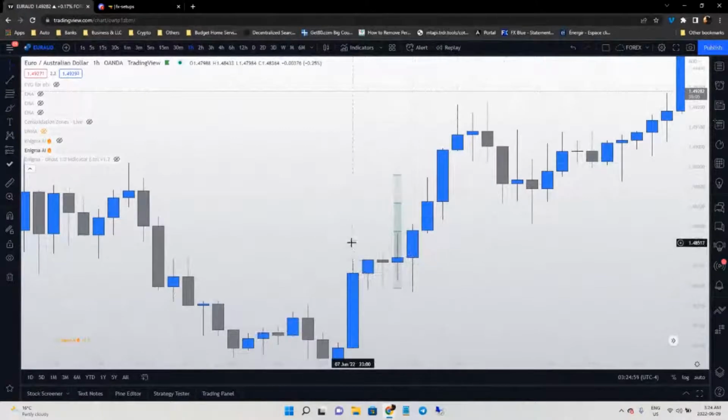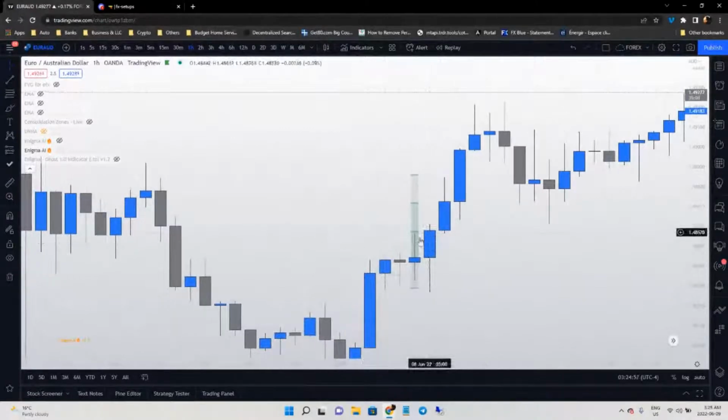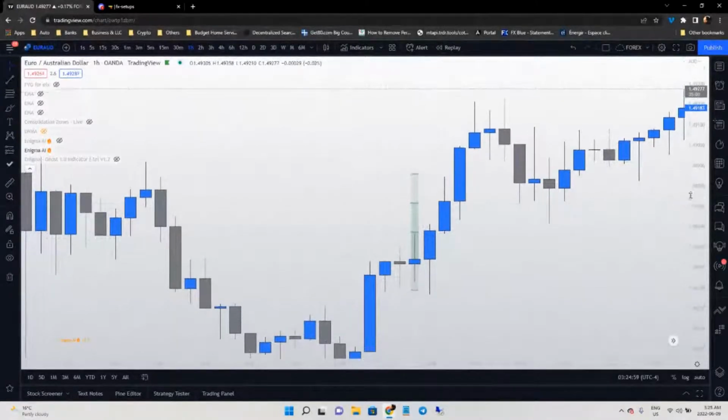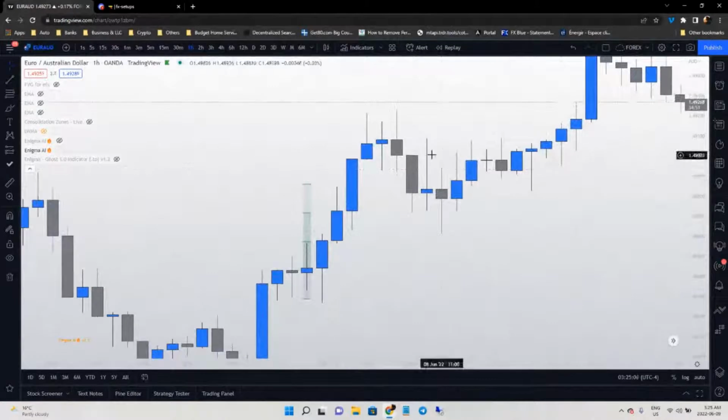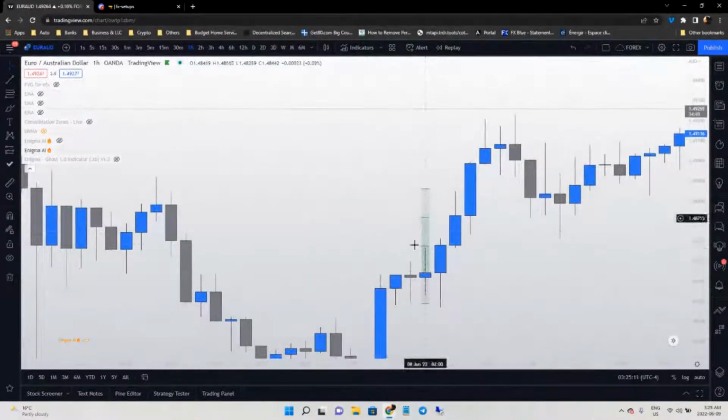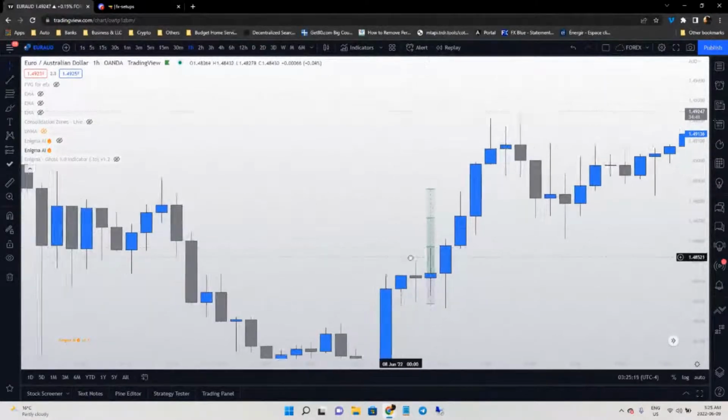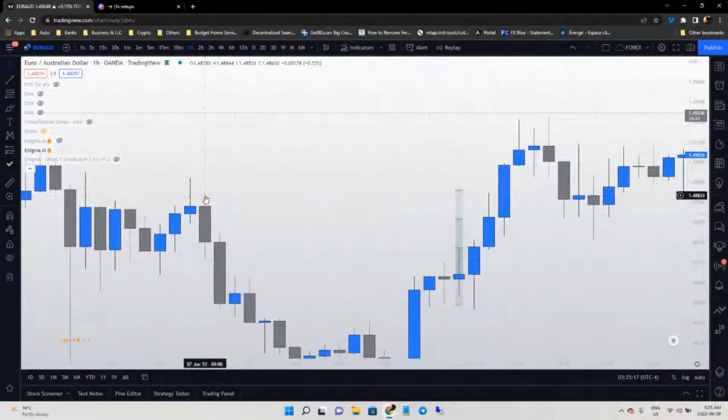The reason why we didn't see the setups here at that time, I'm pretty sure, is because the Fusion was still a downtrend, and then it switched to an uptrend right about here. So this setup would still be a good valid setup.